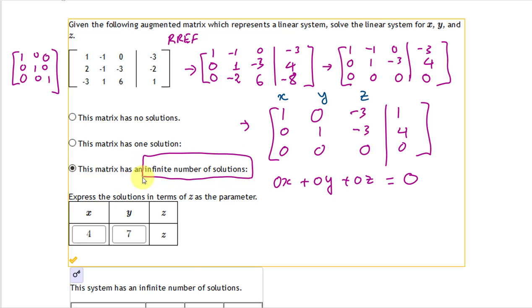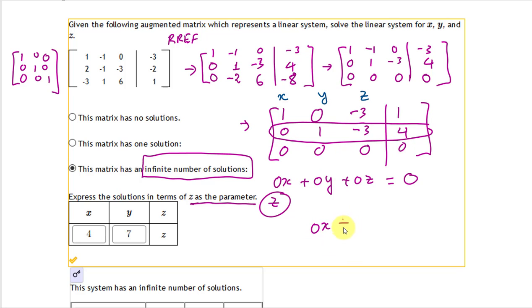of solutions. And if you have infinite number of solutions, then you can express the solution in terms of z as the parameter. So everything here we can express that in terms of z as the parameter z right here. So how do I express that? Well, let's take a look at the second row. I know that this is 0x plus 1y minus 3z equal 4.